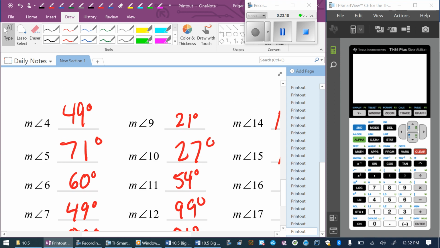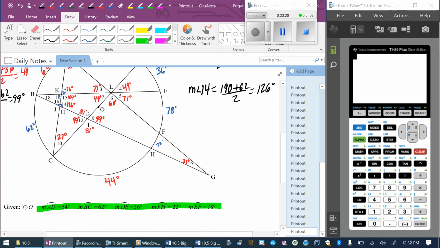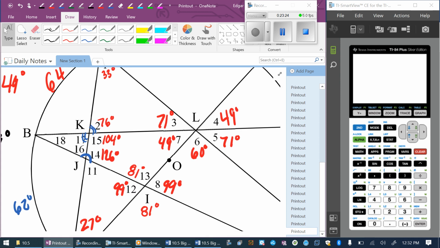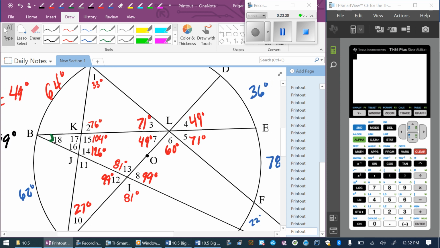And that is the measure of angle 18, which is right here. Let me do some erasing here. 18 is right there. Well, that is an inscribed angle, or you could actually use the fact that this was a triangle and you already have those measures. But because I want to get some practice with inscribed angles, guys, here it is. Here's my angle.